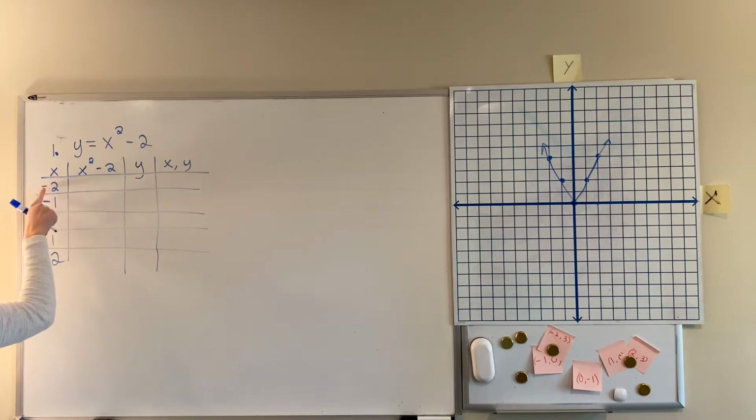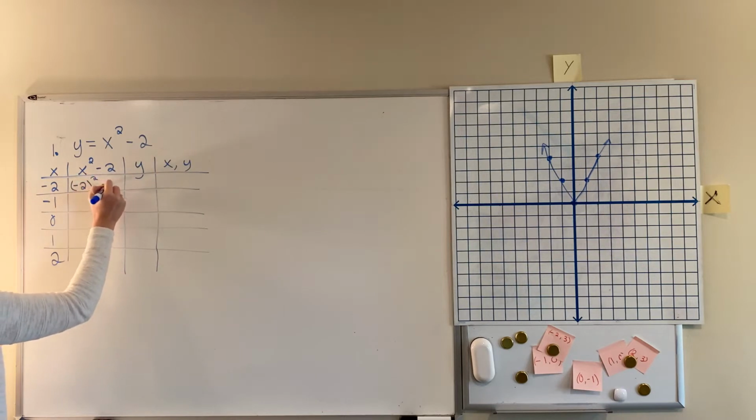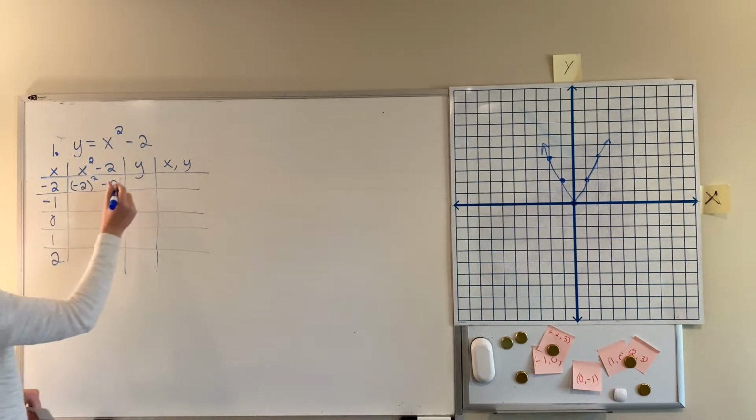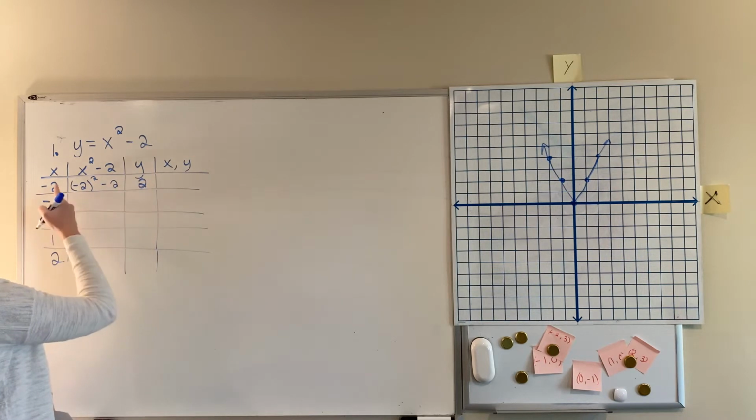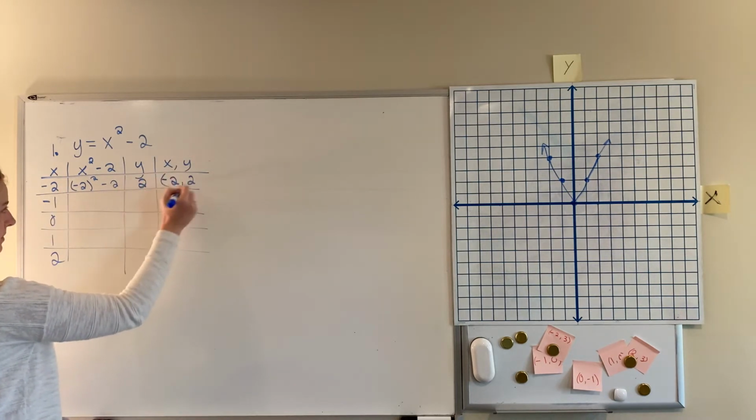So starting right here, plug in -2 for x. So -2 squared minus 2. So x squared minus 2, when x equals -2. -2 squared is +4. +4 minus 2 is 2. So when x is -2, y is 2.